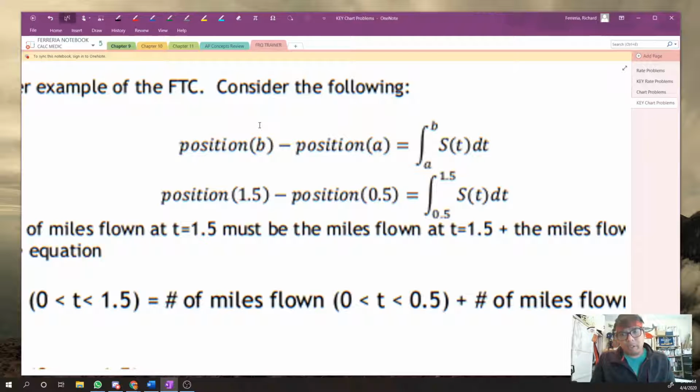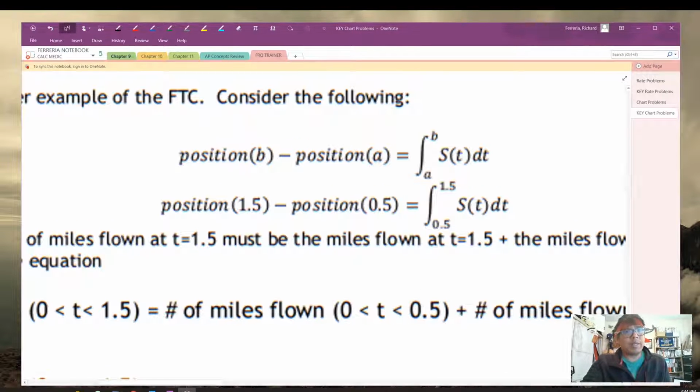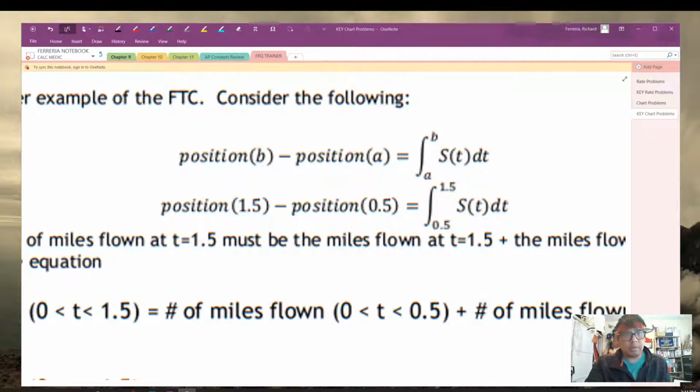Notice that if you integrate a speed function from A to B, what you get is a change in position, position B minus position A. In particular, we're talking about the change in position from t equals 0.5 to t equals 1.5. So that integral that we just figured out, that we just interpreted already, that would be a change in position.